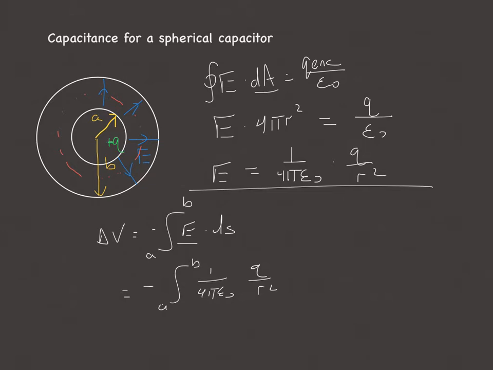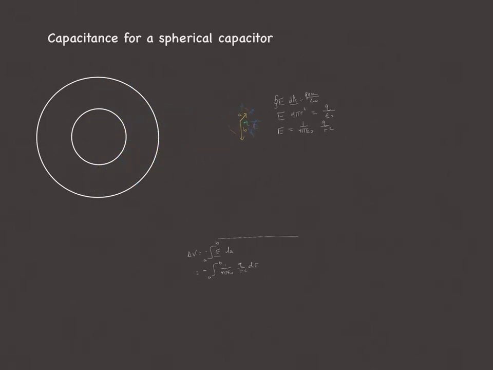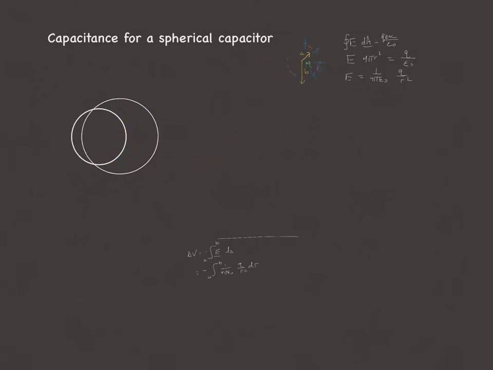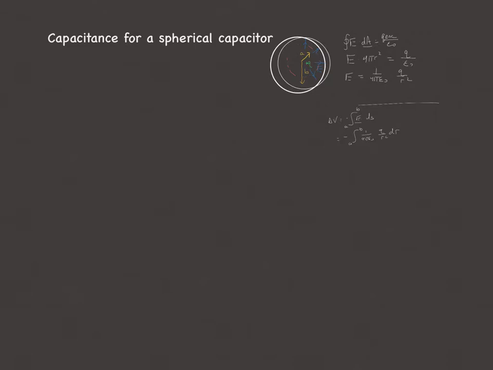Oh yeah, this is dr. So we have Q over 4 pi epsilon naught, integral from A to B of 1 over r squared dr.